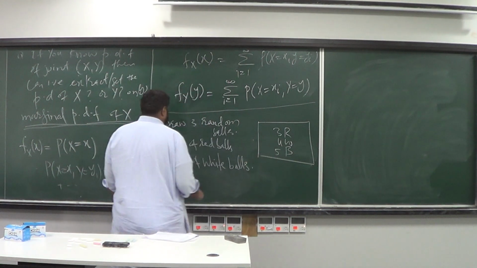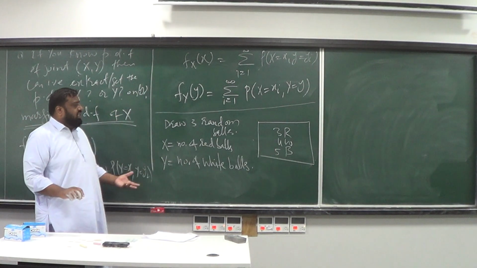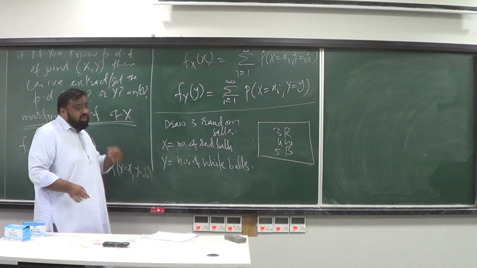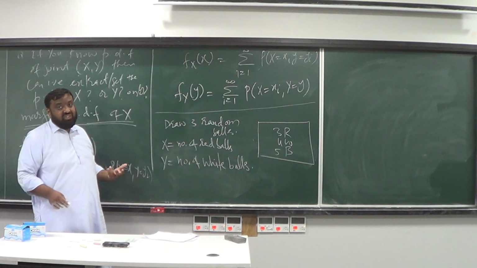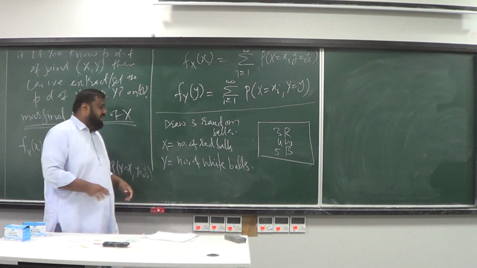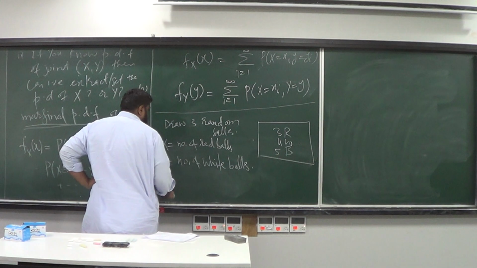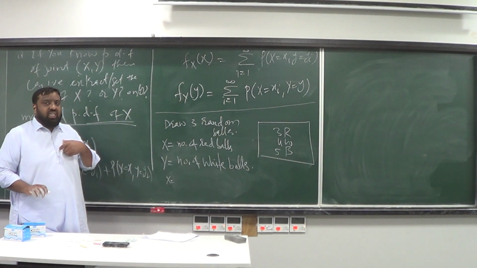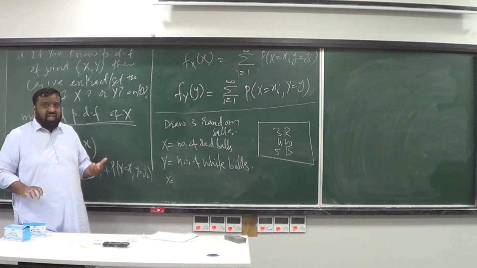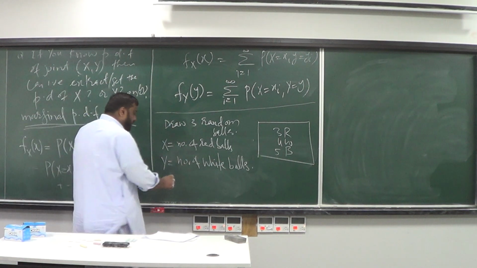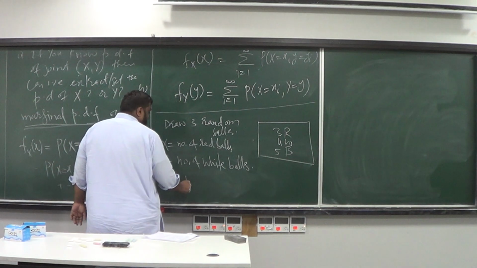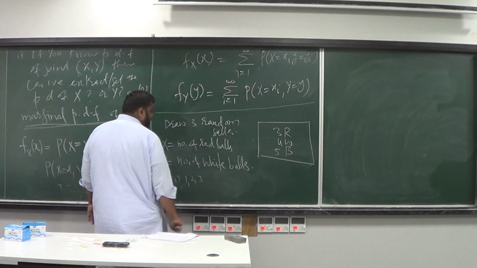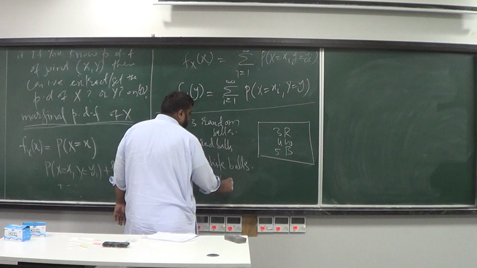Okay. Then on thinking for a moment, what values can X take? It would be a discrete random variable. So out of the 3 balls, there could be no red ball, in other words 0 red balls, 1 red ball, 2 or 3 red balls, and Y can take what values?